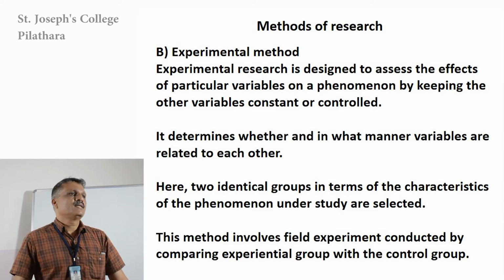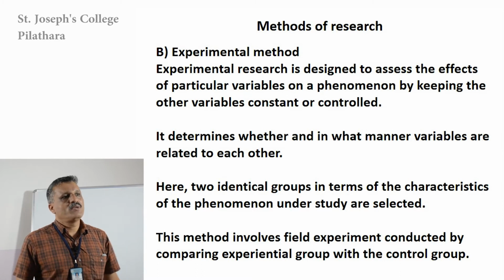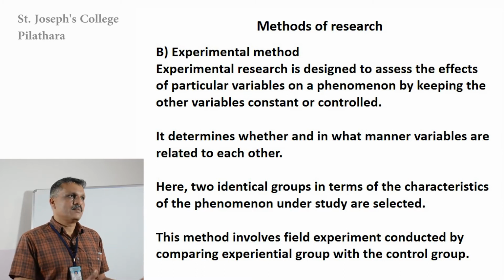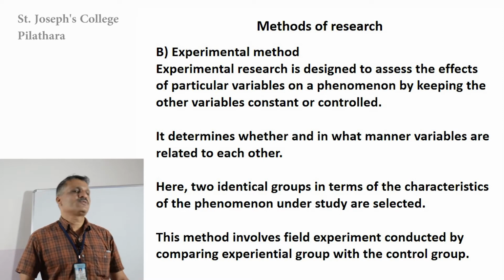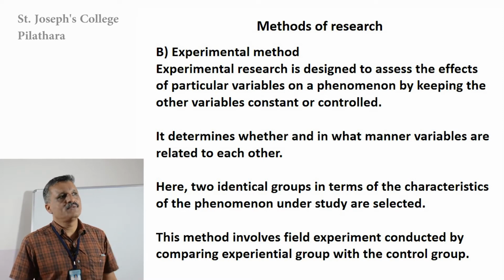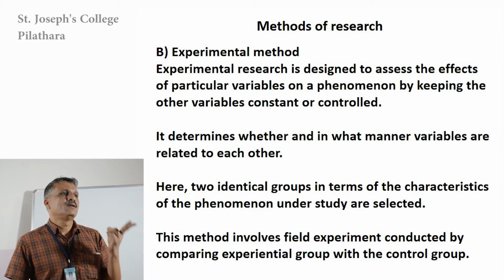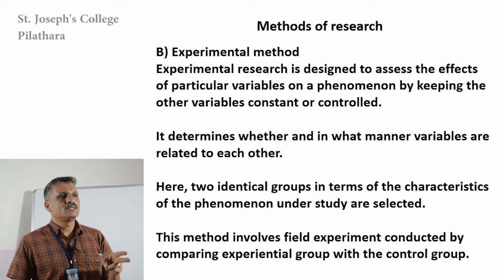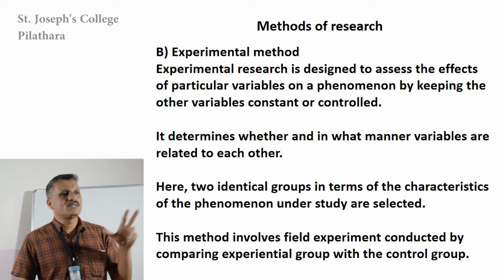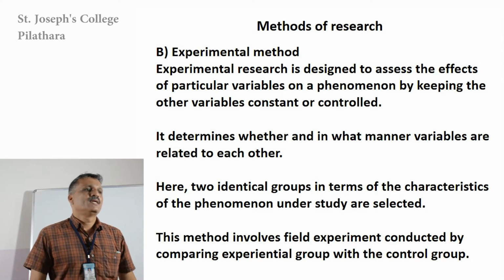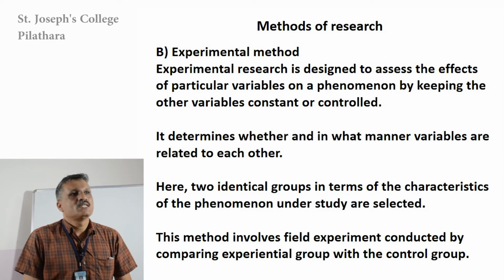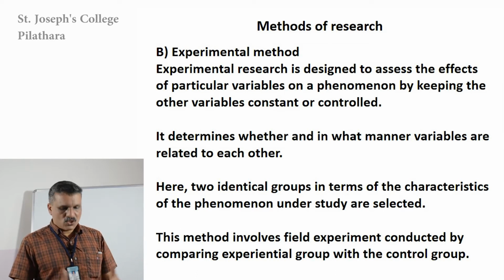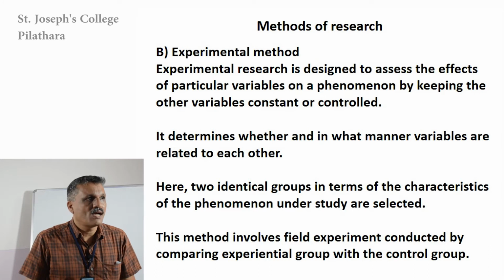On the other hand, the control group is provided with the normal classroom session, as is the experimental group also. But the difference is that the 25 students in the experimental group are exposed to the library system. Then he has to assess what is happening.